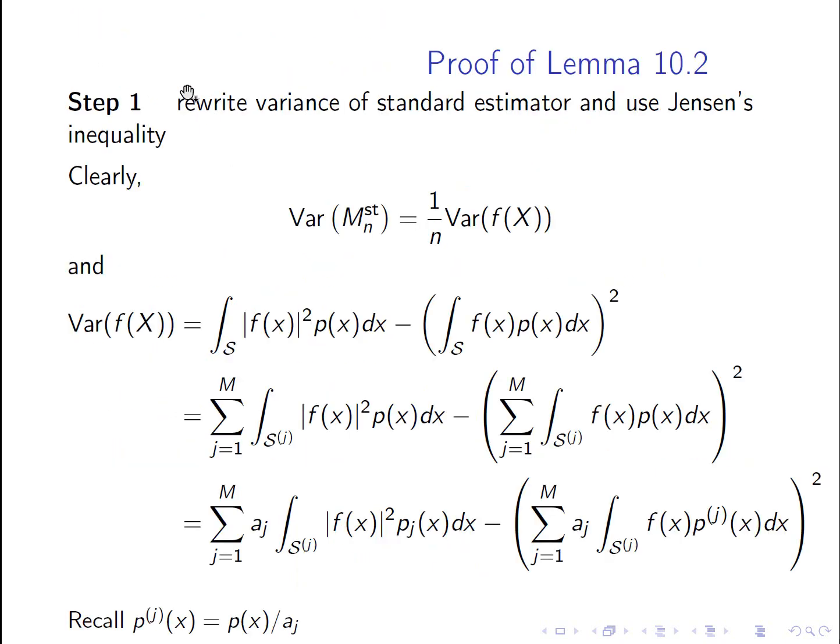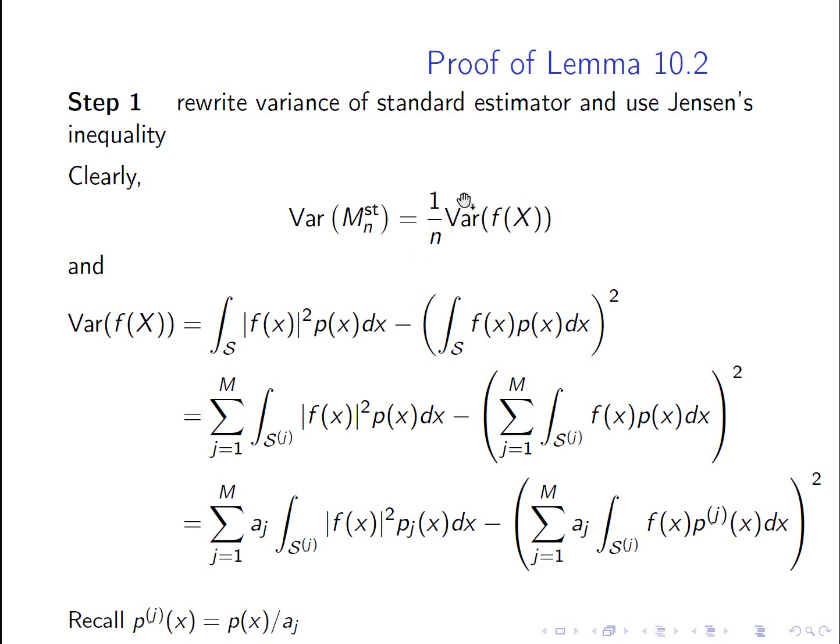Okay, now the proof of lemma 10.2. This proof has two steps. The first step is just to rewrite the variance of the standard estimator and then use Jensen's inequality. So what's the variance of the standard estimator? Well, we have seen this many times. The variance of the standard estimator is the variance of f of x divided by n.